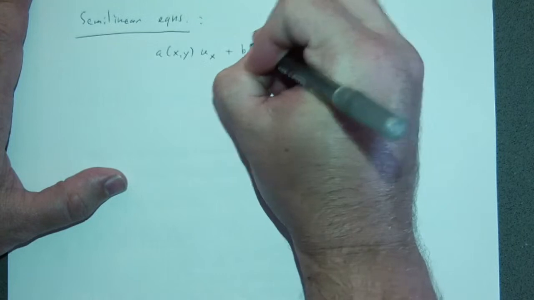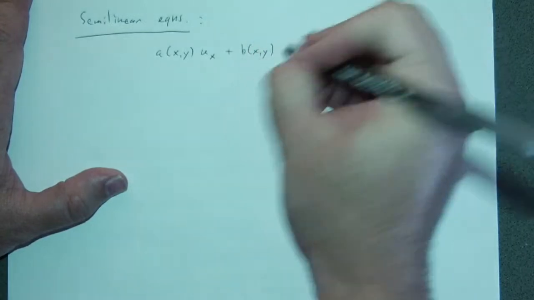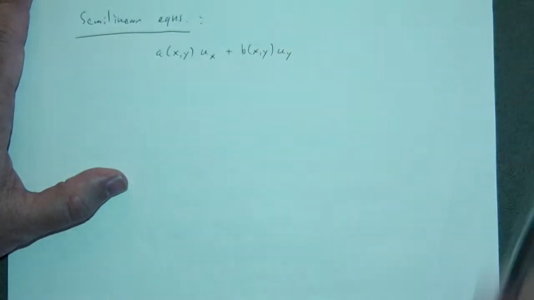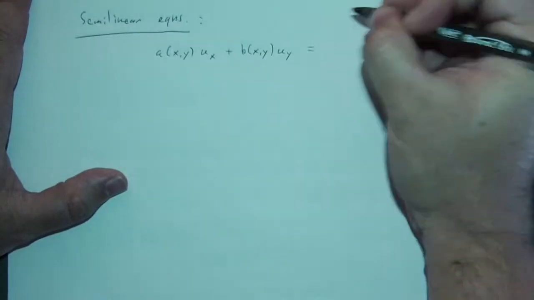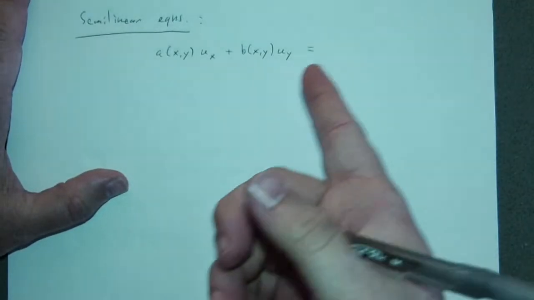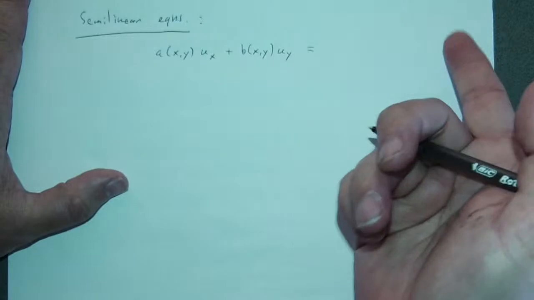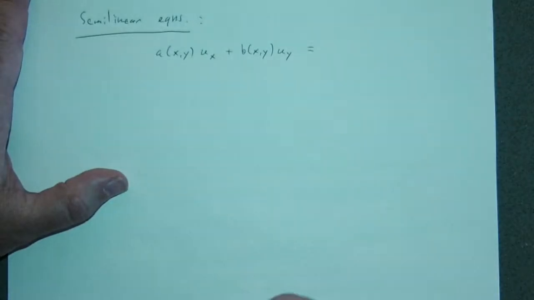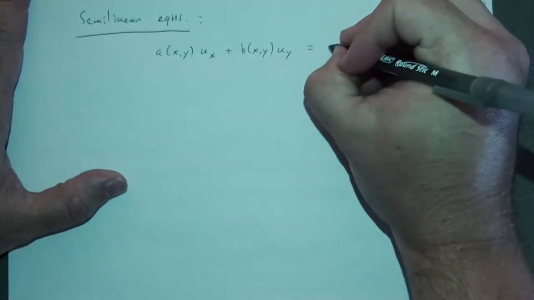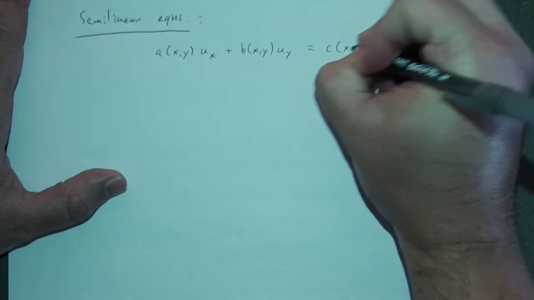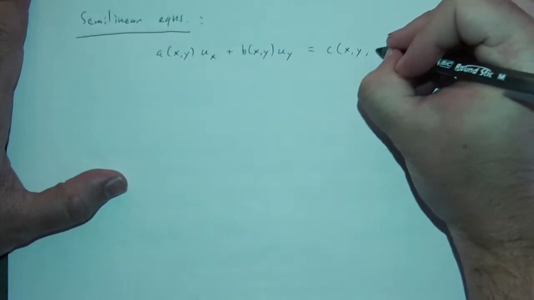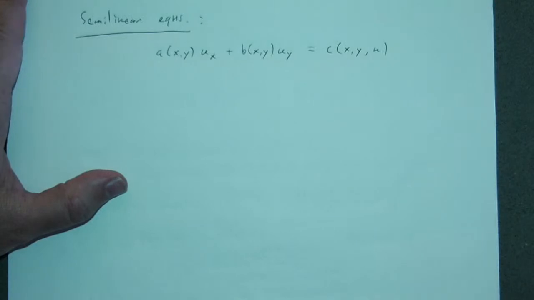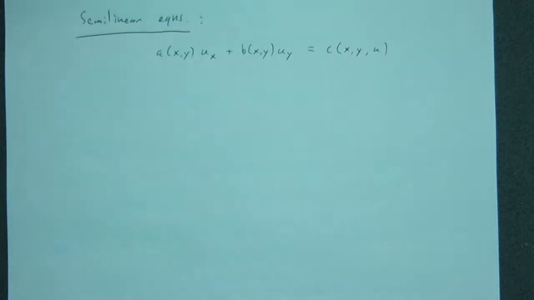I have a coefficient function on the y partial term. Neither of these coefficient functions depend on u. And this is equal to, rather than some coefficient functions on u and then an extra inhomogeneous coefficient function, a single function c that depends on the independent variables x and y, but also possibly on u itself.